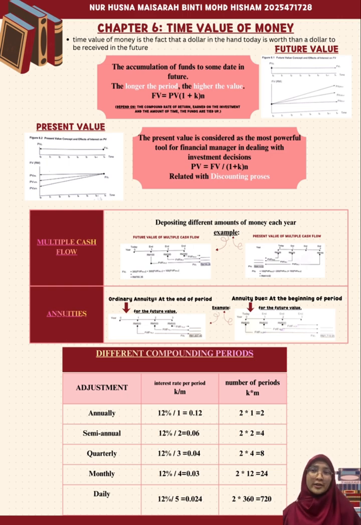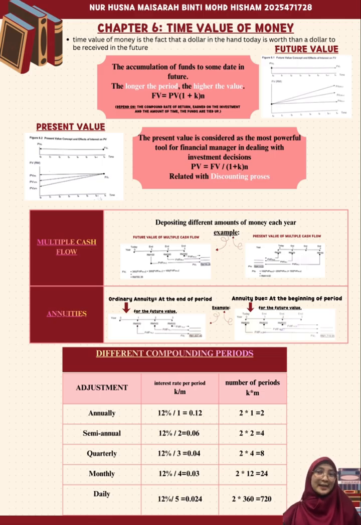Let's start with ordinary annuity for the future value. If you offer a payment of 500 ringgit per year for 3 years with 7% interest, it shows that the future value at year 3 equals 1,607. The same method can also be used to compute the present value of an ordinary annuity and other annuity problems.